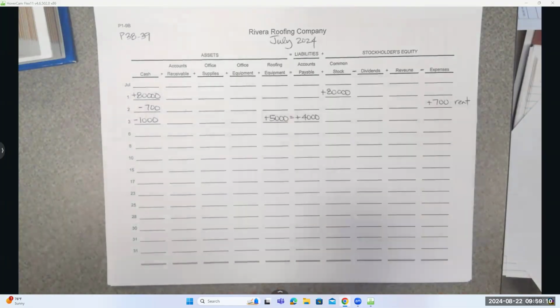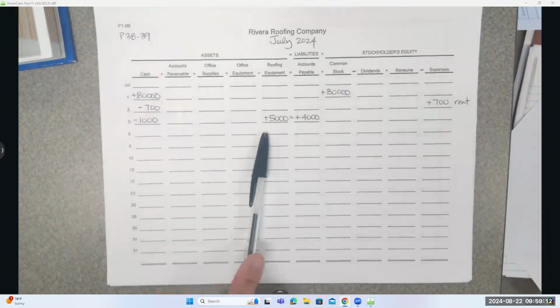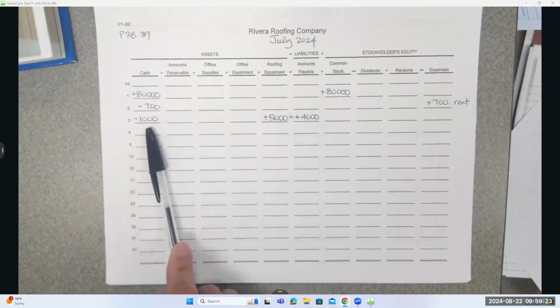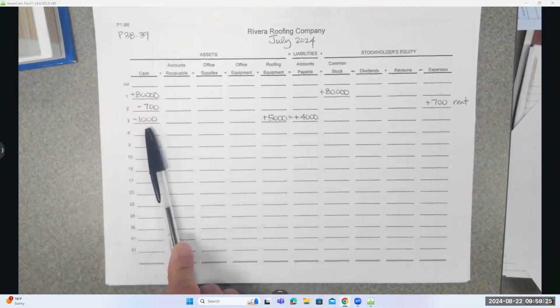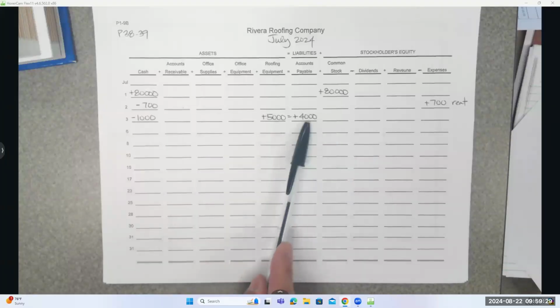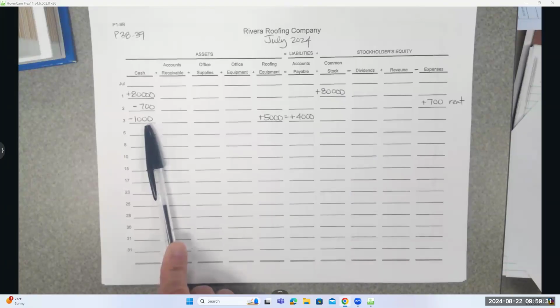Here's the equal sign. We have 2 accounts on the left and 1 account on the right, but is our equation in balance? We have an increase of $4,000 on the right side of the equal sign. Plus 5 minus 1 is a $4,000 increase on the left side. So it does not matter your combination of accounts. We have 2 increases and a decrease.